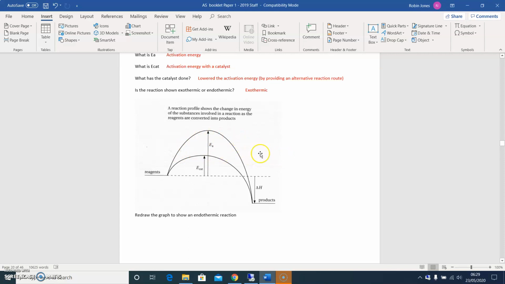And when you take away the energy of the reactants from the products, let's say the products are 150 kilojoules, subtract the reactants at 100 kilojoules, 150 subtract 100 is plus 50, and that's why for an endothermic reaction that takes in heat, the enthalpy change delta H is positive.